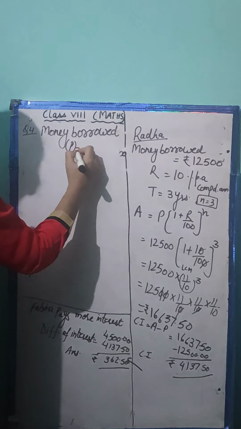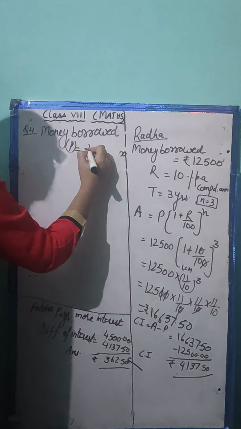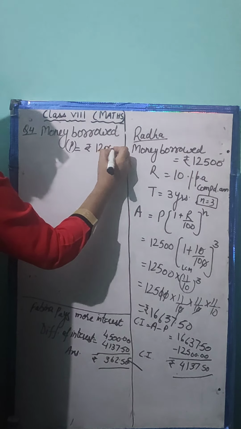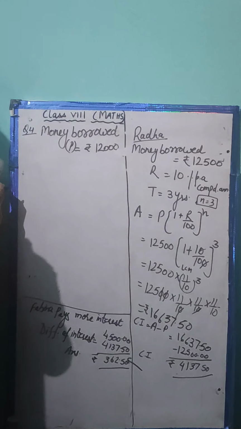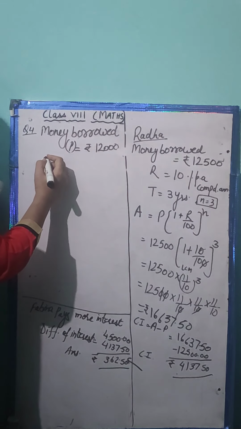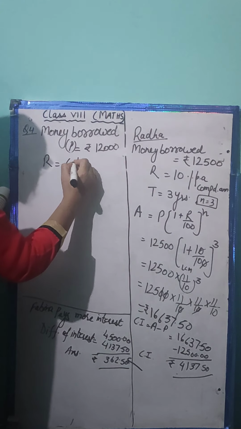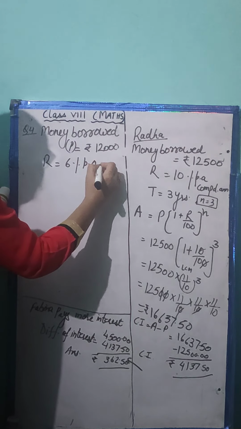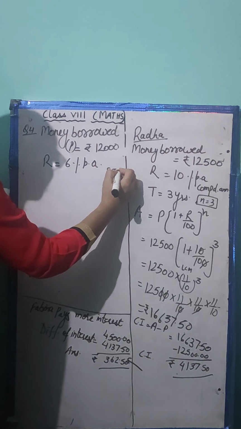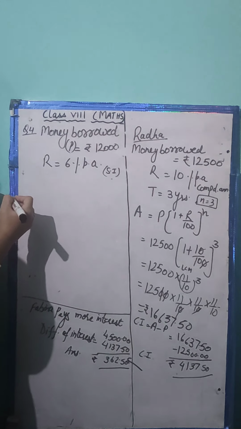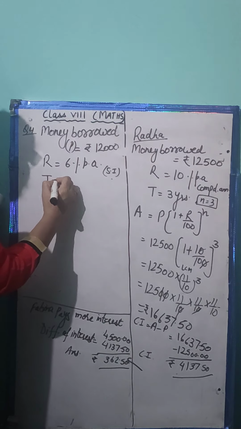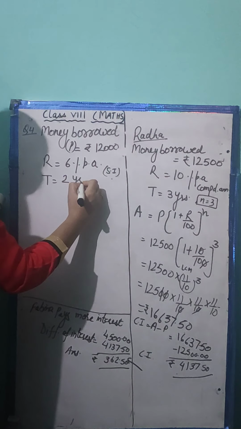So principal is equal to rupees 12,000 at the rate of 6% per annum at simple interest. So this is for simple interest, and time is given to be 2 years.